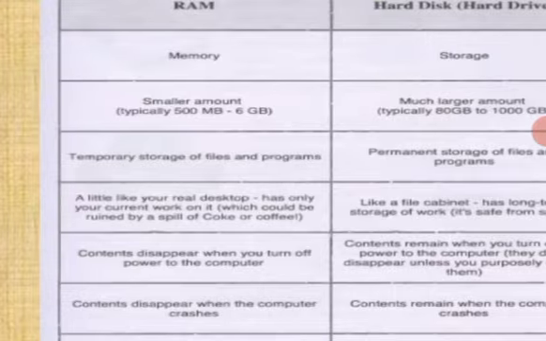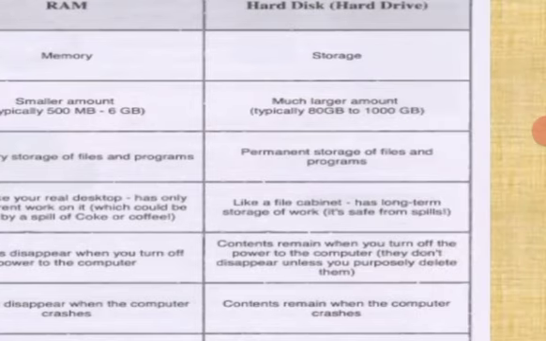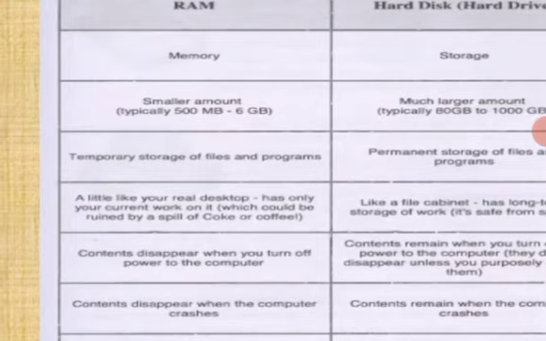If the computer crashes, the content in a RAM disappears, while in a hard disk, contents remain when the computer crashes. So you can see the difference.